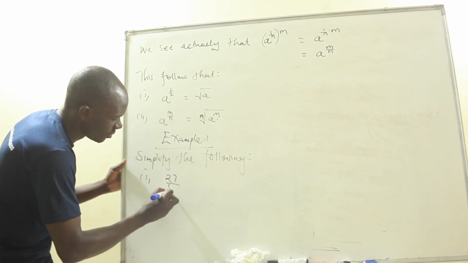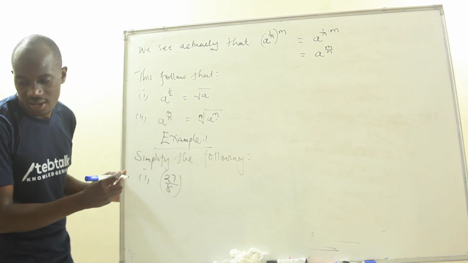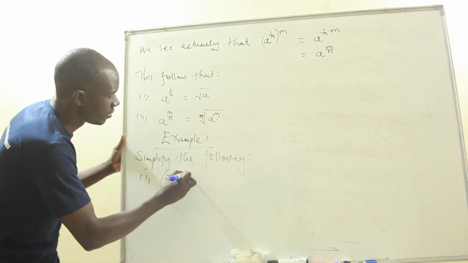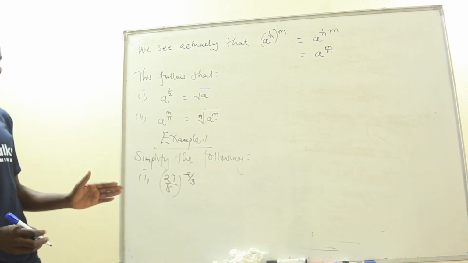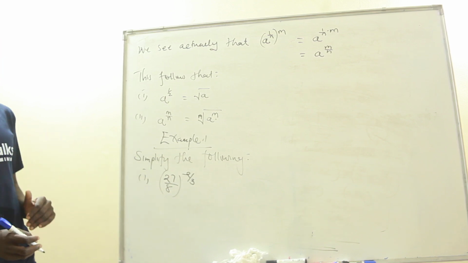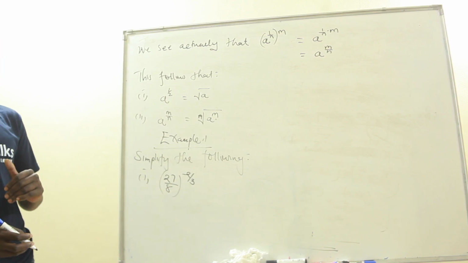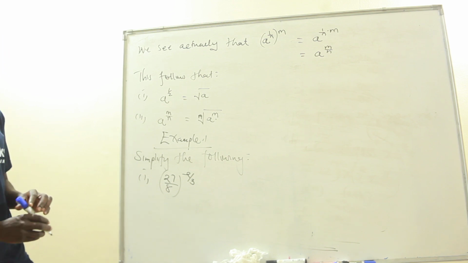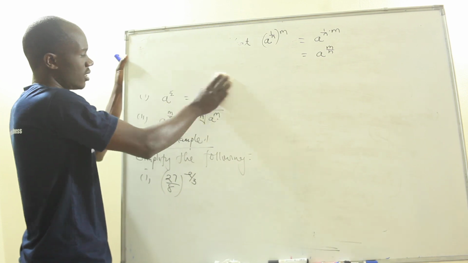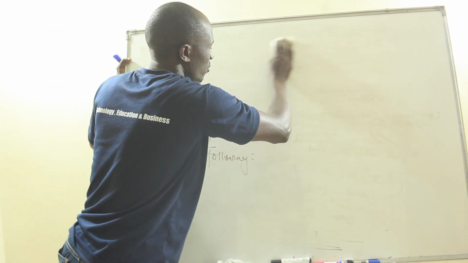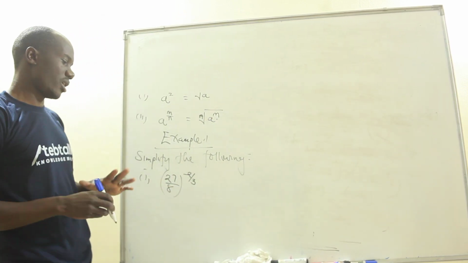27 out of 8 power negative 2 out of 3. So that's what we start handling now. We are going to apply our rules, what we have been talking about from behind up to where we are.